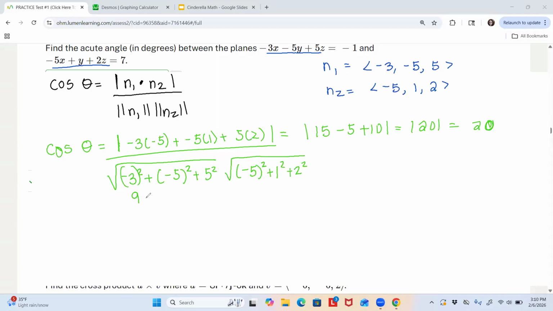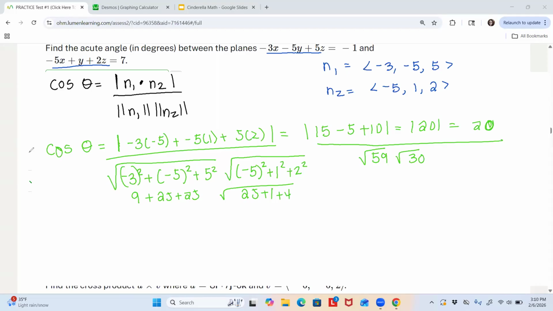So this would be 9 plus 25 plus 25, so this is going to be root 59. And this one would be root of 25 plus 1 plus 4, so that's going to be root 30.